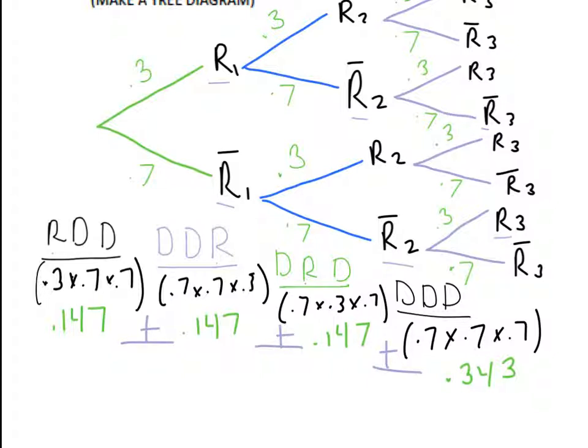And when you add all 4 of those, you end up with 0.784. So the probability that it will not rain at least one of the days is 0.784, or 78.4%.